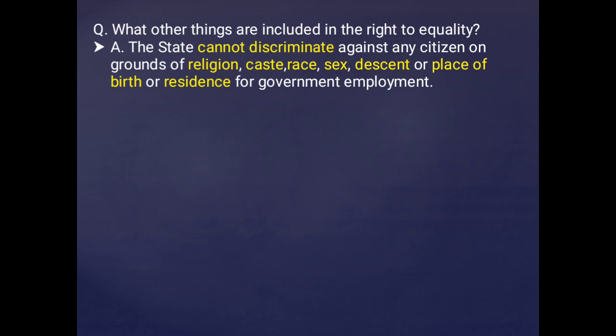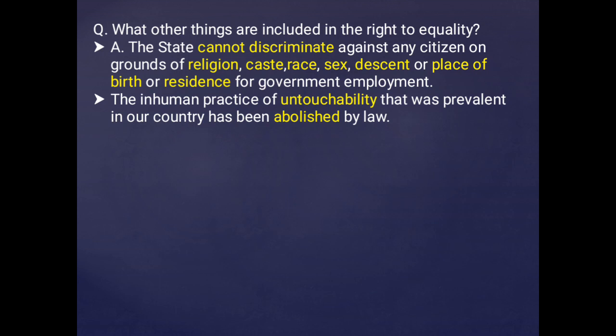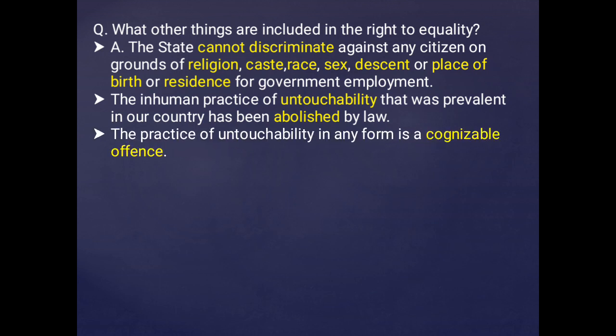The state cannot discriminate against any citizen on grounds of religion, caste, race, sex, descent, or place of birth or residence for government employment. The inhuman practice of untouchability that was prevalent in our country has been abolished by law. The practice of untouchability in any form is a cognizable offense.